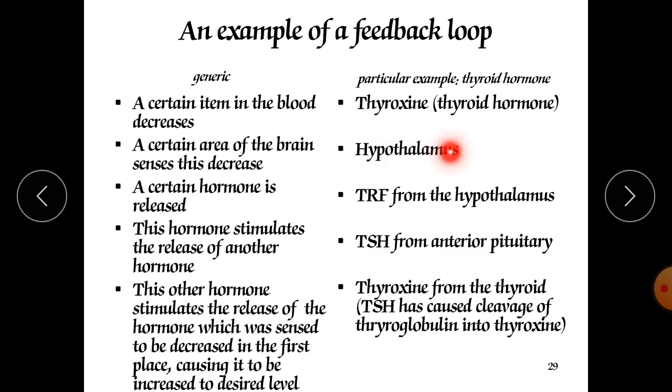It is the control unit, the CPU. Next, a certain hormone is released: thyrotropin releasing hormone is released from the hypothalamus. This hormone stimulates the release of another hormone. Which hormone will be released here? TSH, thyroid stimulating hormone, will be released from the pituitary gland. This other hormone stimulates the release of the hormone which was sensed to be decreased in the first place, causing it to be increased to the desired level.